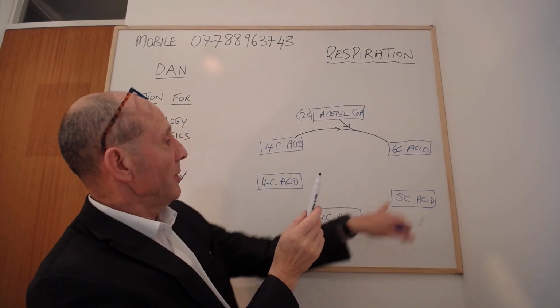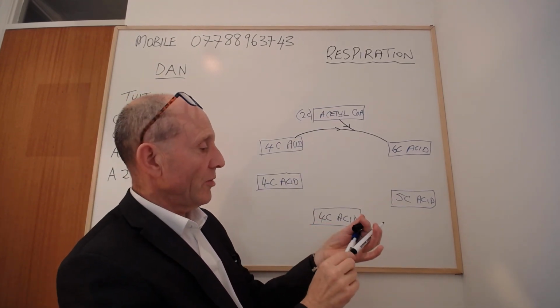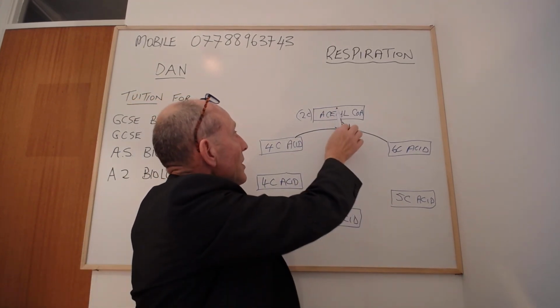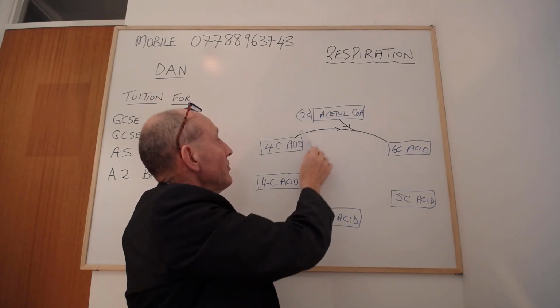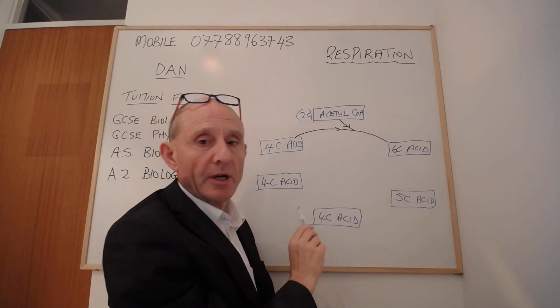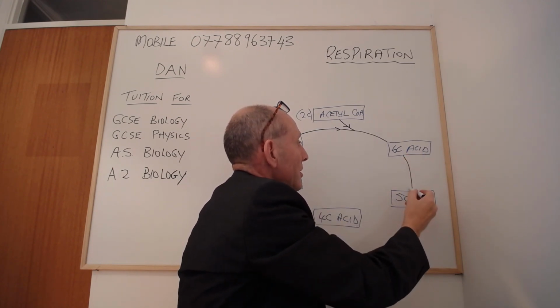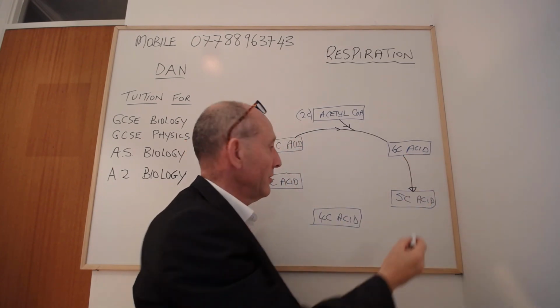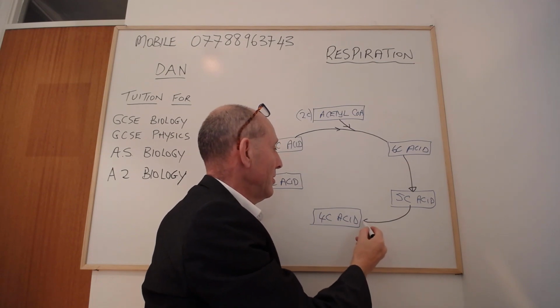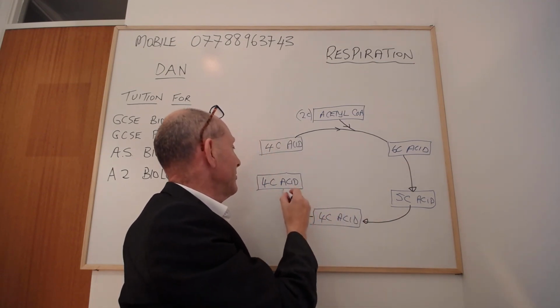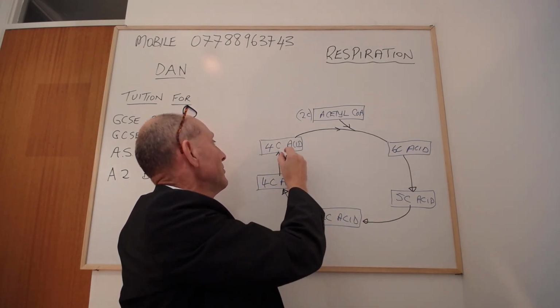Make yourself all those boxes, and then watch what happens. Take the acetyl-CoA, which is 2 carbons, join it with a 4-carbon, you get a 6-carbon acid. And then the 6-carbon acid is converted to a 5-carbon acid. The 5 is converted to a 4. The 4 stays as a 4, and it stays as a 4.